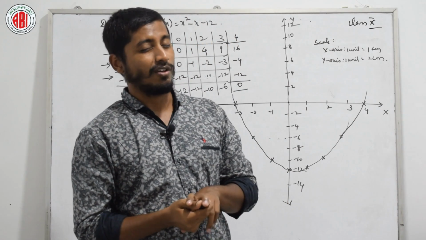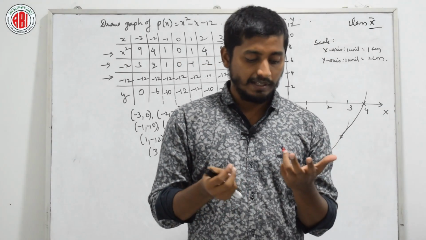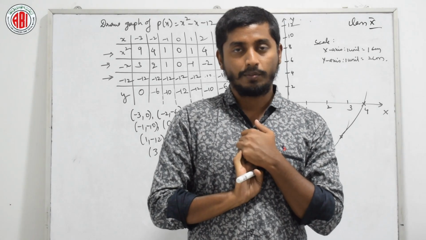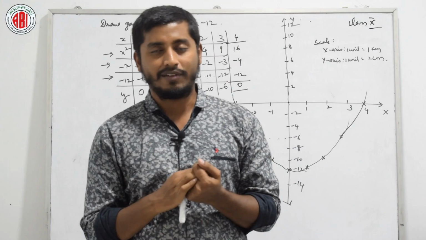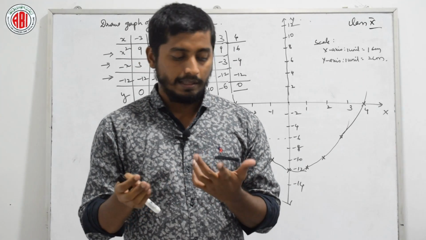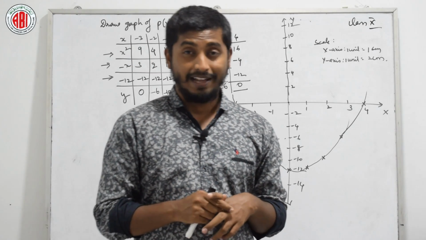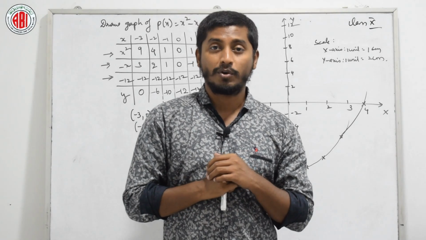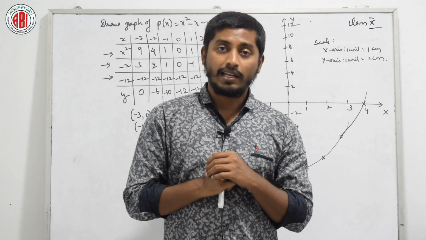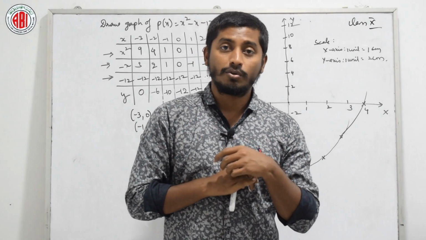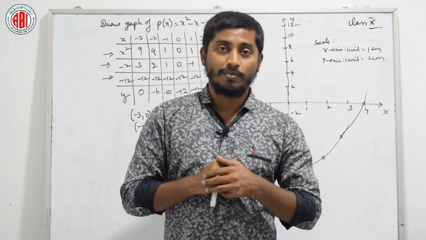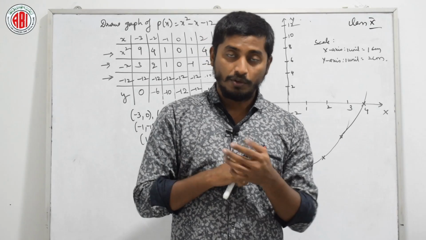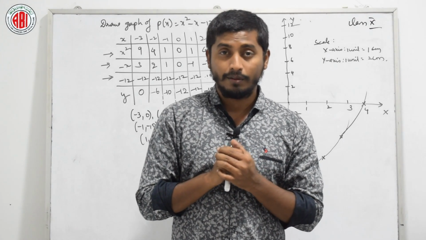Is it clear? What all we discussed till now in this? We have discussed the basic definitions of polynomials. We have discussed what is a variable, what is a constant and everything, right? And the next we have discussed how to find the value, how to find the zero of a given polynomial, right? Then we have discussed how to draw a linear polynomial graph, then a quadratic polynomial graph, and cubic polynomial, how does it look, right?